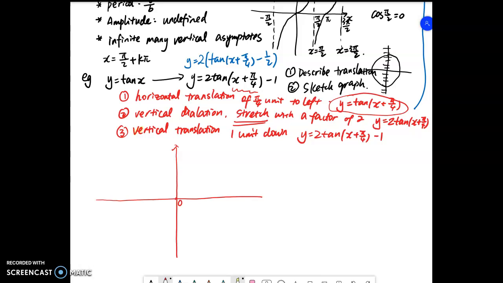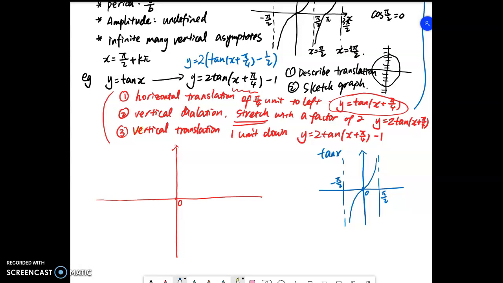So based on these 3 transformations, first, I know the original tan function. So my tan of x will be these. I'm just going to draw it, pi/2, negative pi/2. So I've got an origin 0.